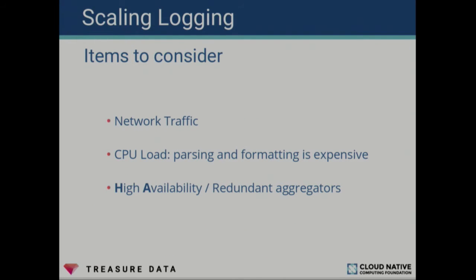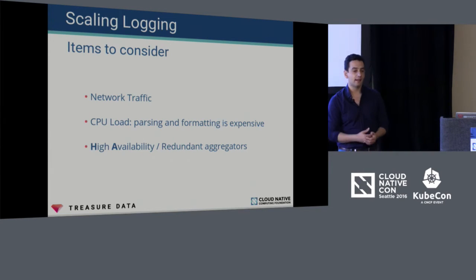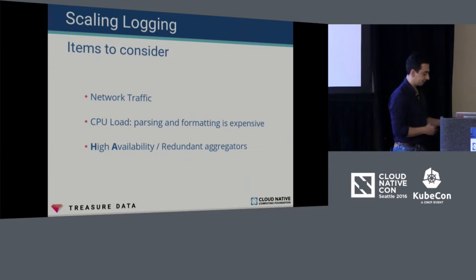And now there are some items to consider when we are implementing this kind of logging. The first is what kind of network traffic do we want to implement on this? How much CPU can I afford for this? And what kind of failover system or high availability am I going to implement?